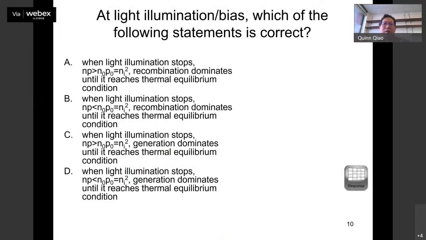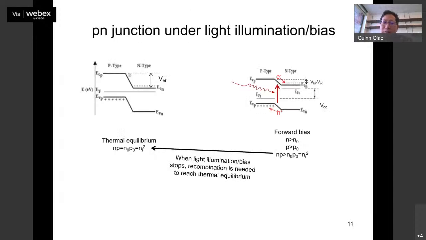Now look at the example here. It asks, under light illumination, which of the following statements is true. Basically, under illumination, do you have generation or recombination, especially when the light is removed? Under illumination, your solar cell works as a forward bias, something we discussed yesterday.